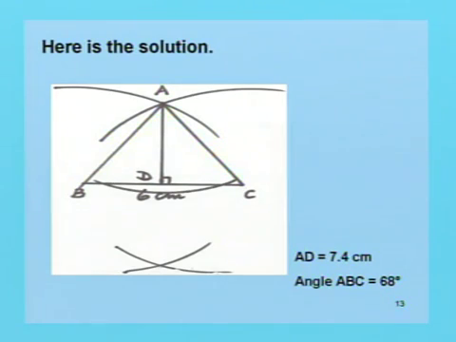Connecting A to the intersecting arcs below and stopping at the line BC will give us AD. You name that point D.